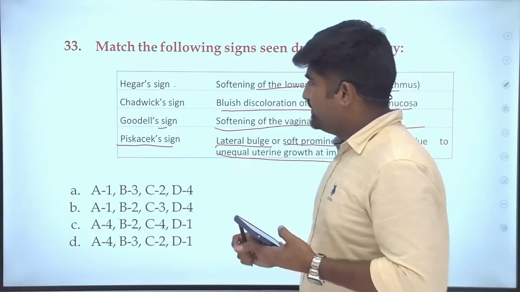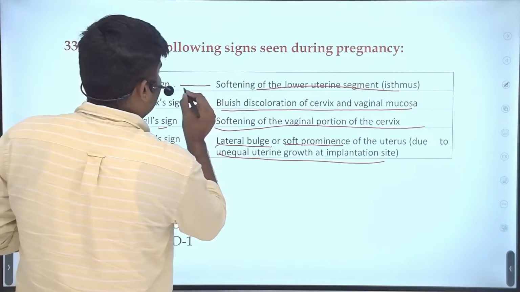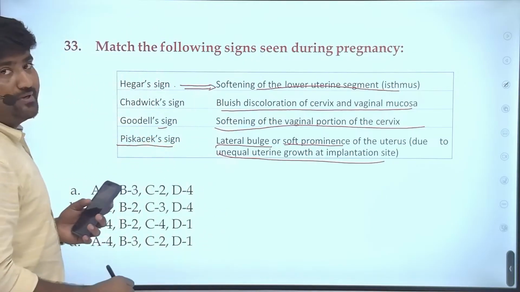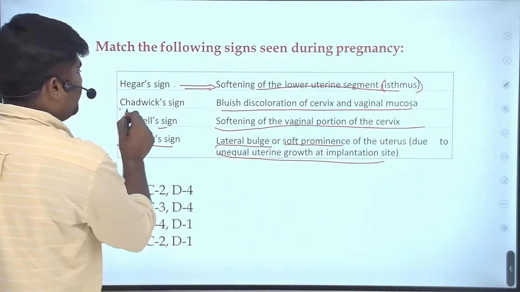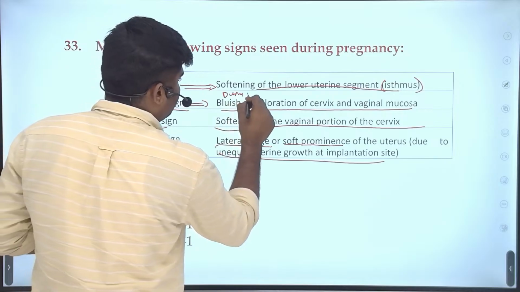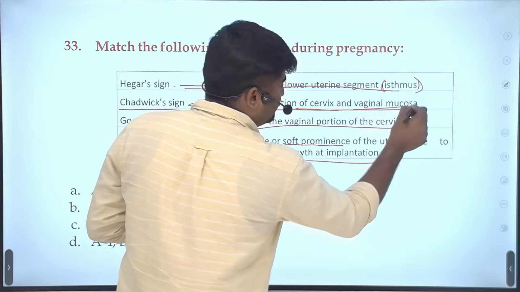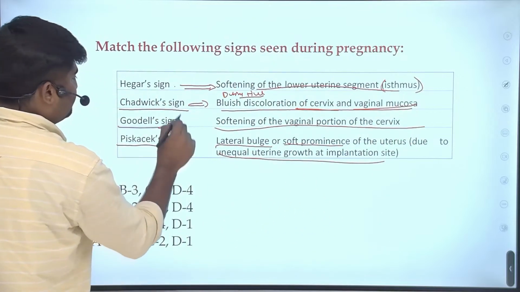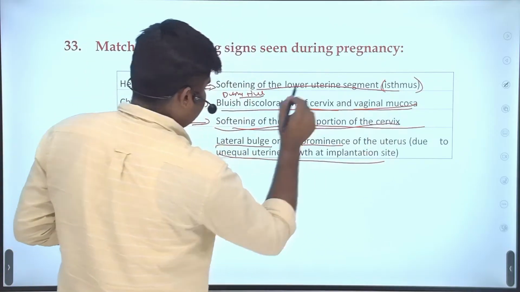So now we are going to make a match. Eager's sign, softening of the lower uterine segment, that is especially in the isthmus. Correct. Chadwick sign, okay, dusky hue, also a keyword, bluish discoloration of the cervix and vaginal mucosa. Correct. Goodell sign, softening of the vaginal portion of the cervix.